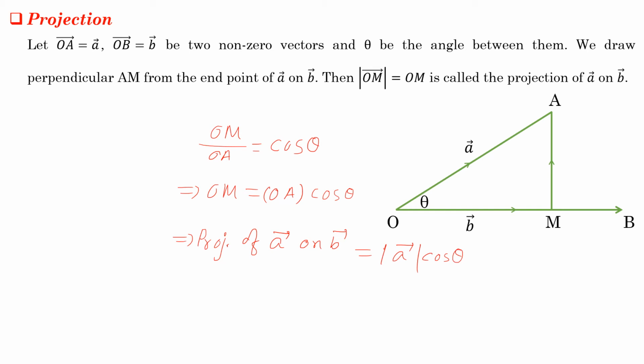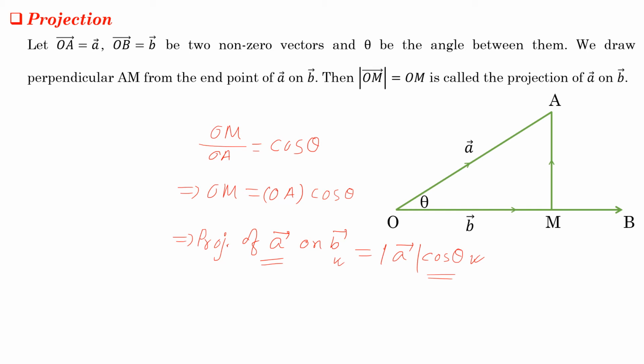So for the projection of A bar, you multiply mod A on vector B bar, into cos of the angle between the vectors A bar and B bar. Very simple.